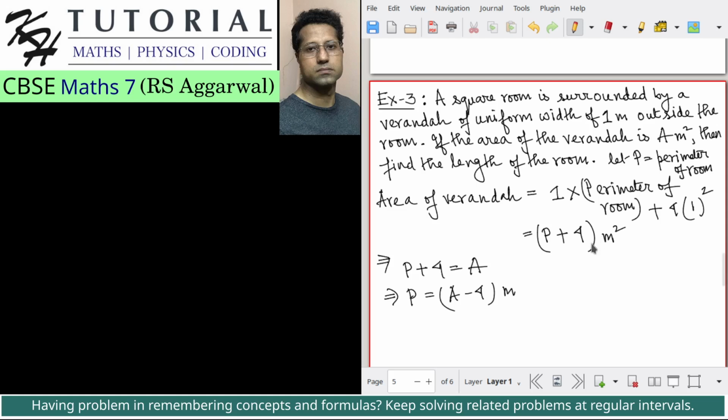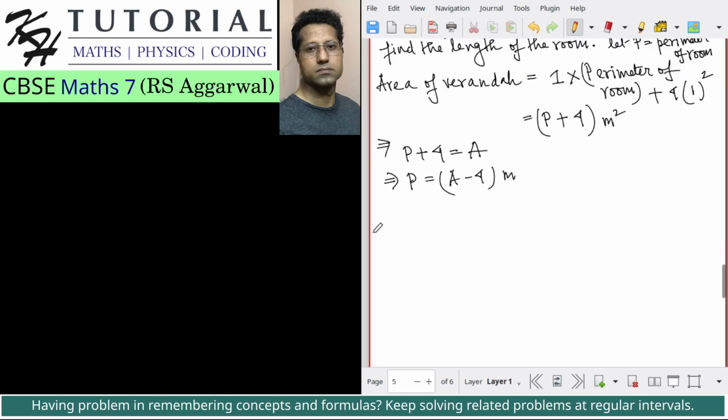Now the question is asking to find the length of the room. Let the length of the room be a meter. You must already be familiar that the perimeter of a square is 4 into the side length, or the side length of a square is perimeter by 4.